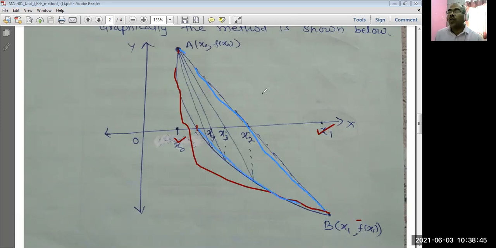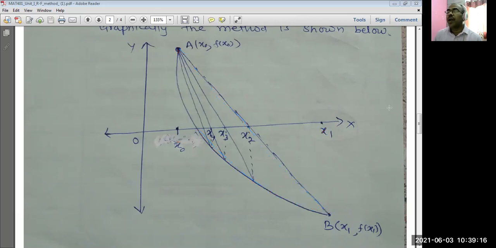And chord is a straight line, or I can say that this is the equation of a line which passes through the two points, capital A and capital B. And we know how to write the equation of a line which intersects the x-axis. So the equation of a line can be written in this way.